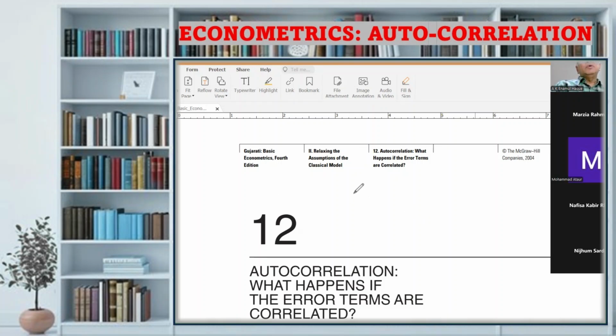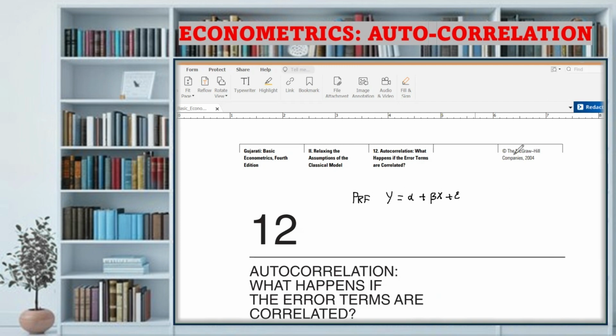So if you remember, we start with our PRF. The PRF that we start with is y equals alpha plus beta x plus epsilon. Our assumption was that epsilon is normally distributed with zero mean and sigma square variance.